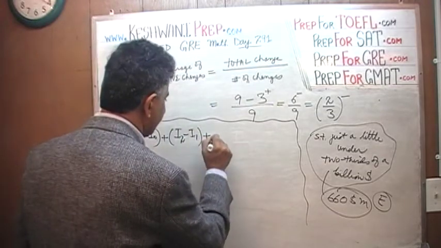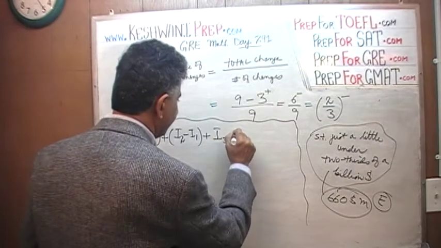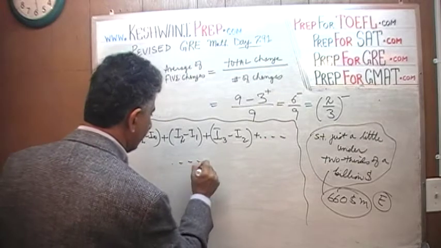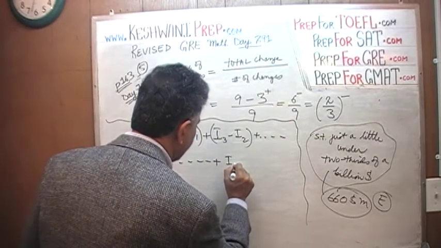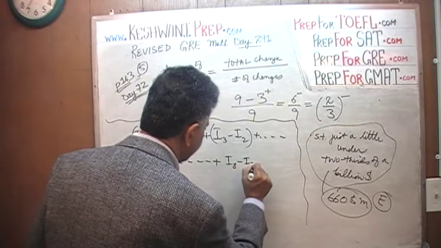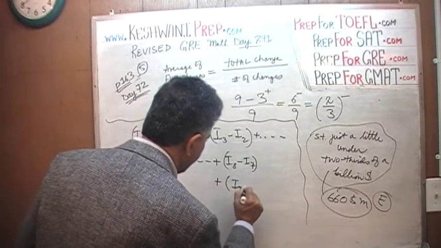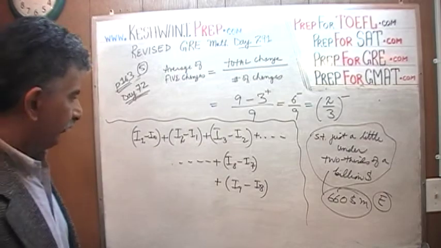The third change is going to be the imports of 2003 minus the imports of 2002, and so on and so forth. Finally, we'll have the imports of 2008 minus the imports of 2007, plus the imports of 2009 minus the imports of 2008. That's how it's going to go.